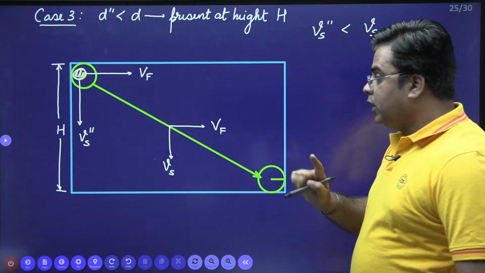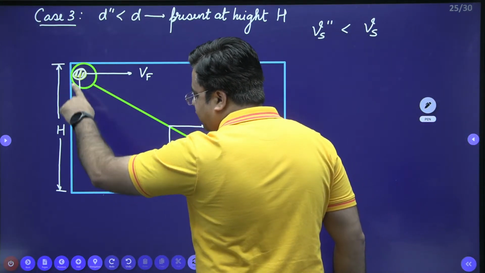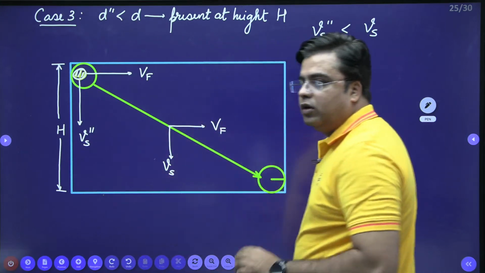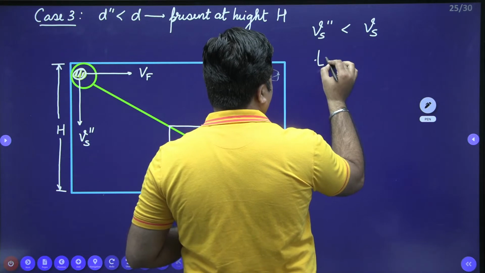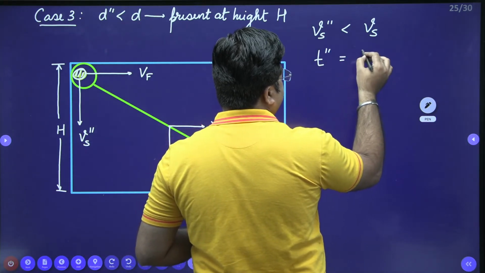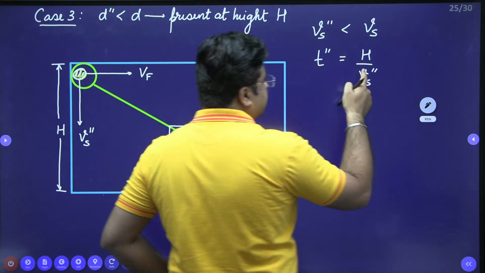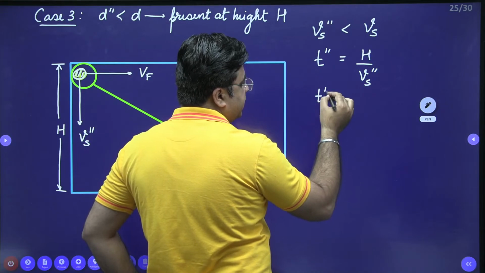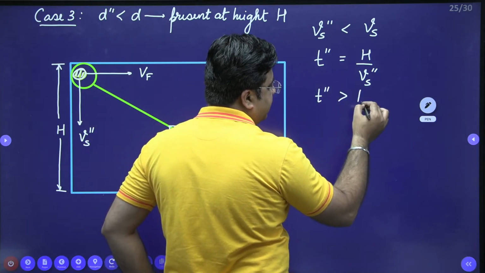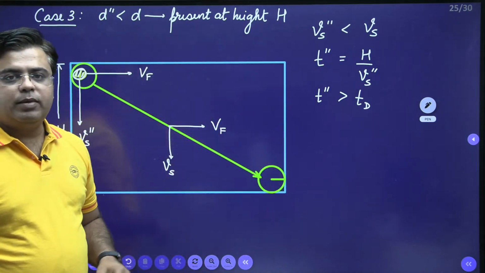Okay. Due to which the time required by this smaller size of particle to reach the bottom of the settling zone will be more. So the time required by this particle to reach the bottom of the settling zone is H by Vs double dash. Since Vs double dash is less than Vs, this T double dash will be more than Td.